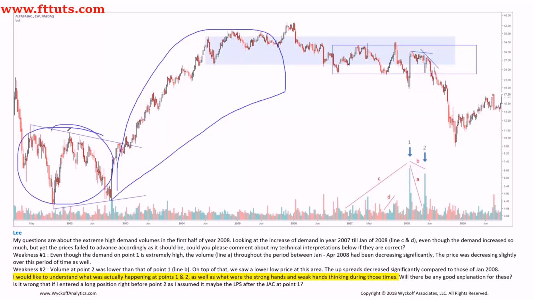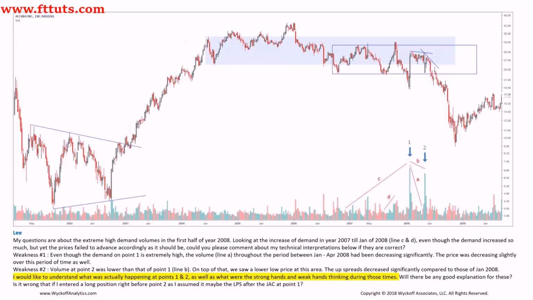Yeah, I'm not sure if I understand the question, Eric. Let's just rephrase it. Let's just think about this. Okay, meanwhile, small time accumulated. You mean this area right here as a cause? Or this as a cause?